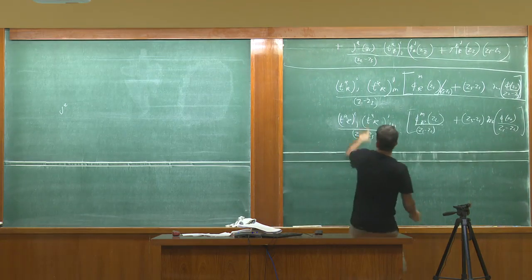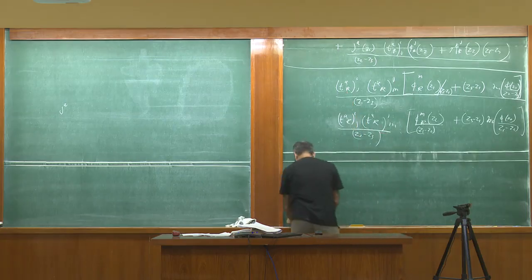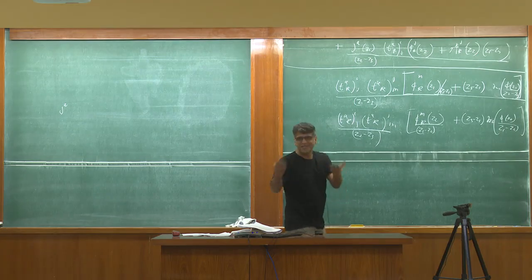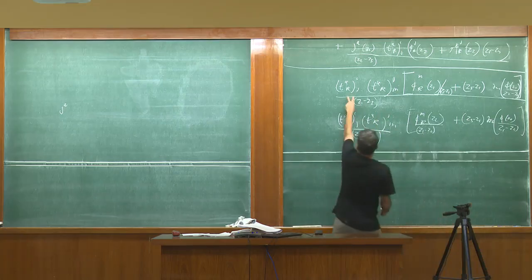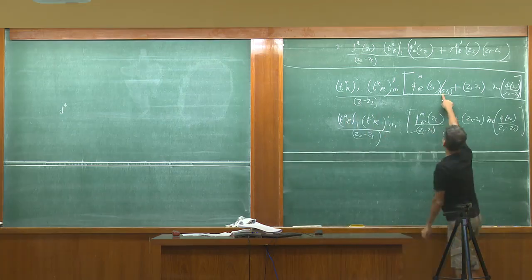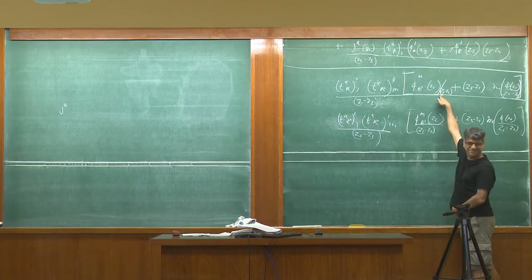So let's see. So the phi term becomes, let's see. Oh, we do want the del z. Okay, good. So let's first gather the 1 by z square singularities.